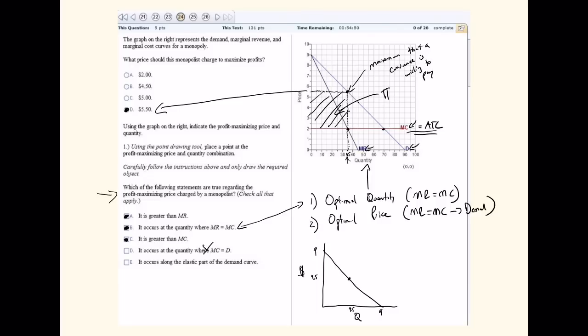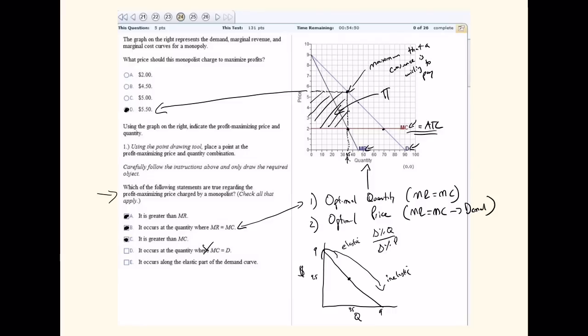it's a special point. So we know that as we move along this demand curve or down this demand curve, we go from being elastic to inelastic. And elasticity is just the percent change in quantity all over the percent change in price. So how responsive we are to a change in price. So we go from being elastic to inelastic as we move down this curve.